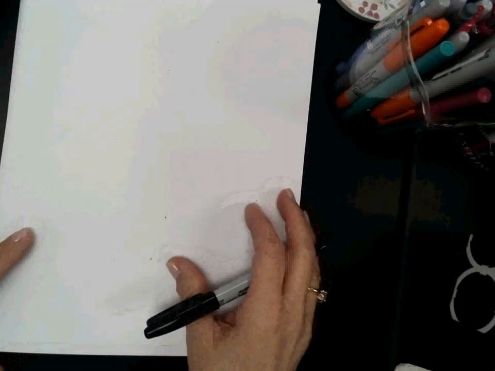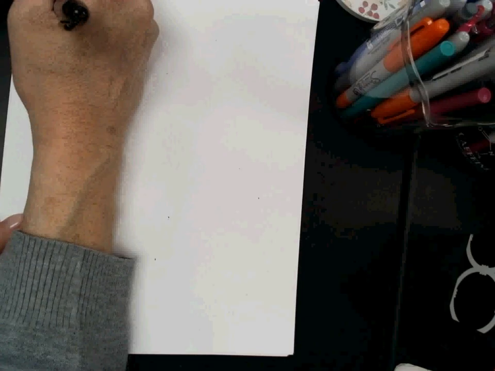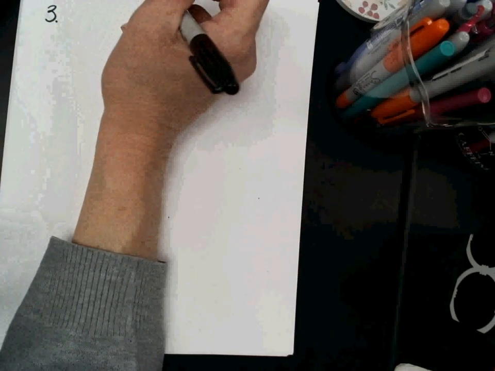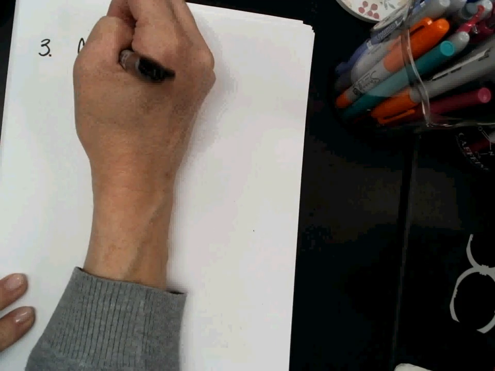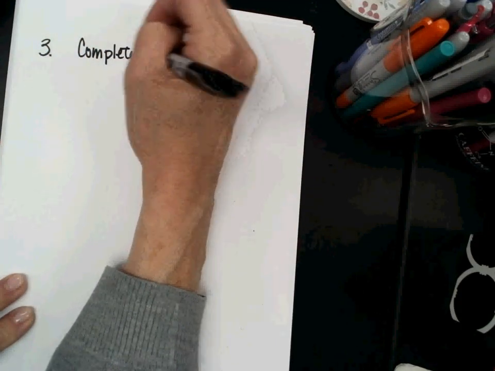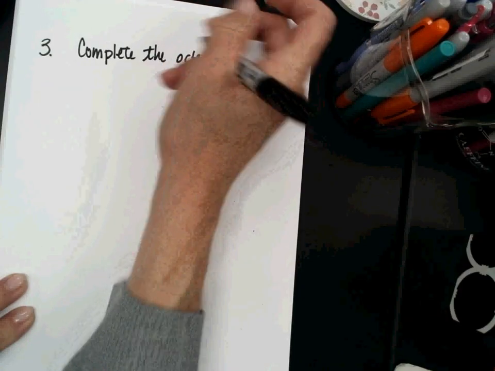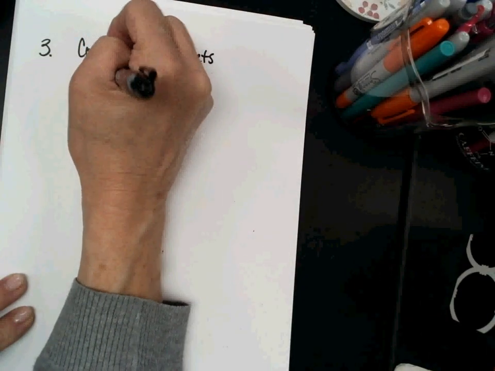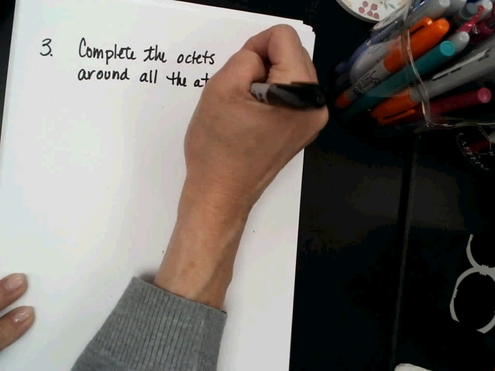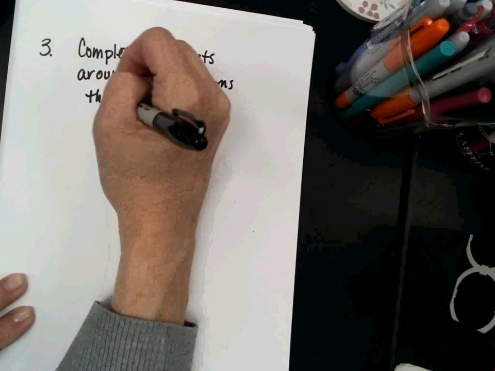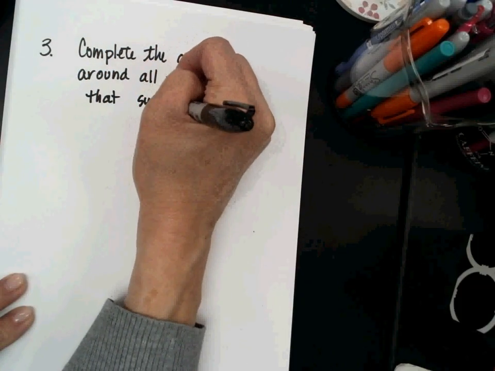Every once in a while you'll need a little more info before you draw a Lewis structure, so you have to stop and look at those things. It won't be blatantly obvious when you see the formula. As we move on, the first thing we do after we've put them together with single bonds is we're going to complete the octets around all the atoms that surround the central atom.